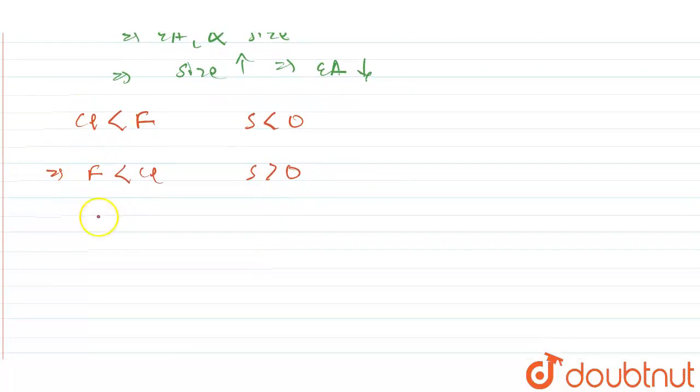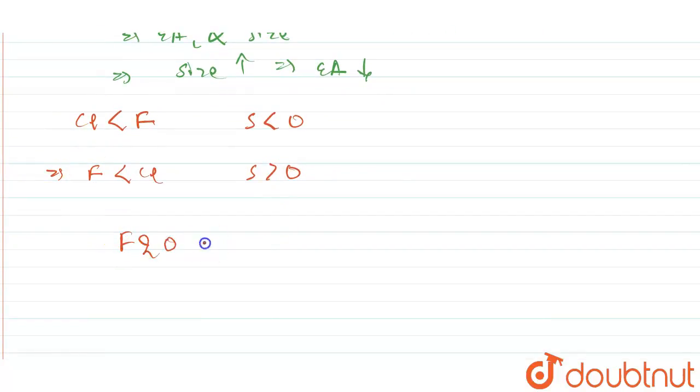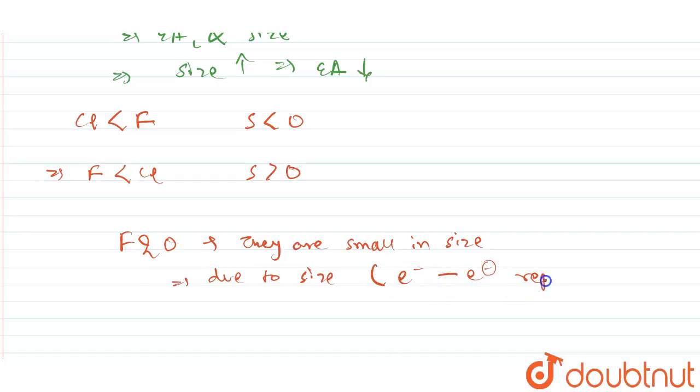Because fluorine and oxygen are small in size, and due to small size, electron repulsion happens. Therefore, chlorine will have greater electron affinity than fluorine, then sulfur, and afterwards oxygen.